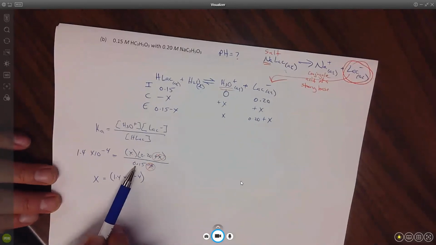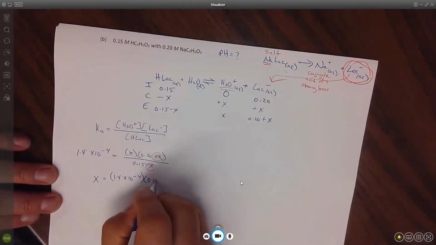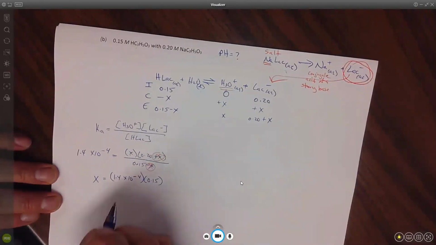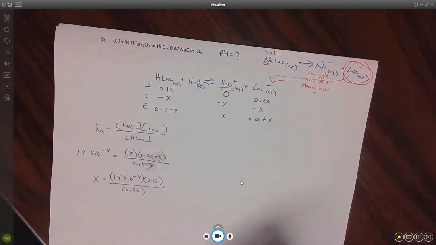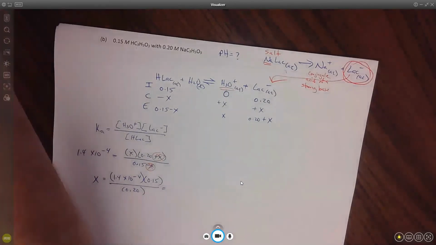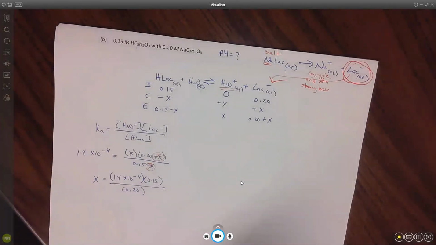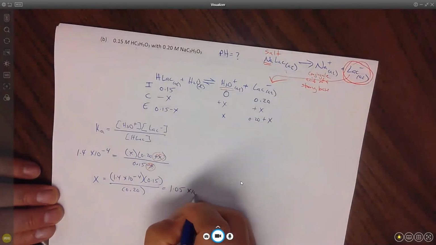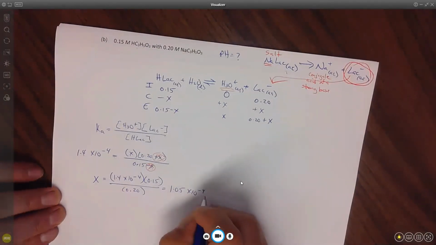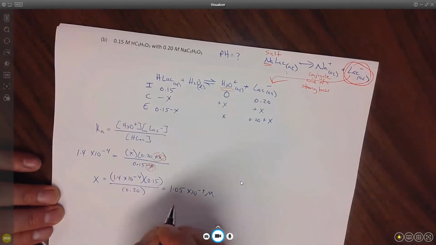We'll multiply both sides by 0.15 and we'll divide both sides by 0.2. Plug that into your calculator and you're going to get a value of 1.05 times 10 to the negative 4. And this will be 2 sig figs.